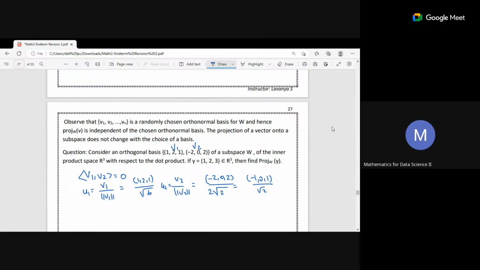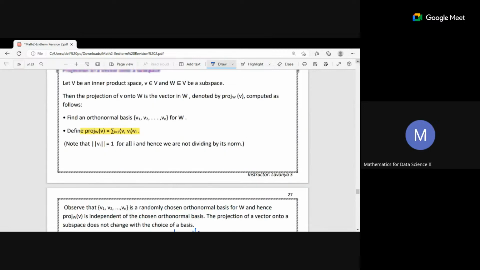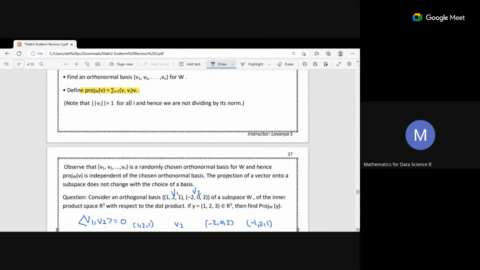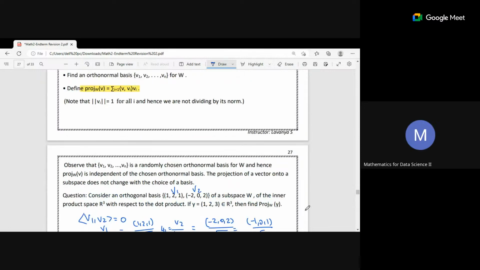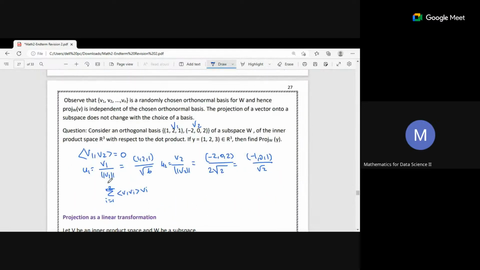So what is the projection formula here? This is the projection formula: summation i equal to 1 to 2 of inner product V, Vi into Vi. Here, instead of Vi, you have Ui.